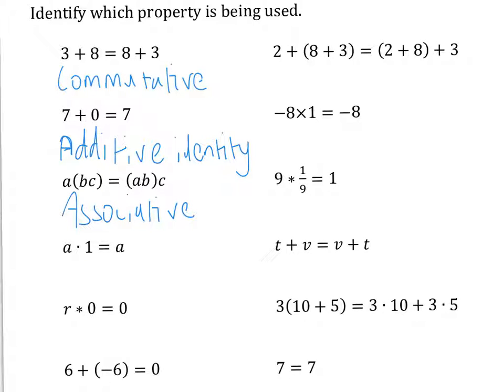A times 1 equals A. This would be similar to the 7 plus 0 equals 7 because I'm getting that number itself, but here you're multiplying by 1, so it's the multiplicative identity.